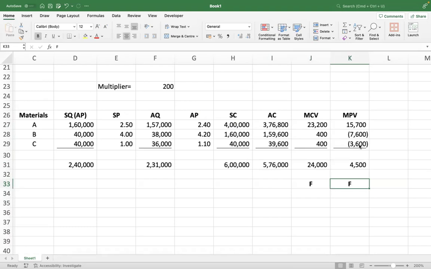Bracket in Excel is negative. So B and C have adverse variance, A is favorable, and on a total basis also it is favorable. Plus 4,500.